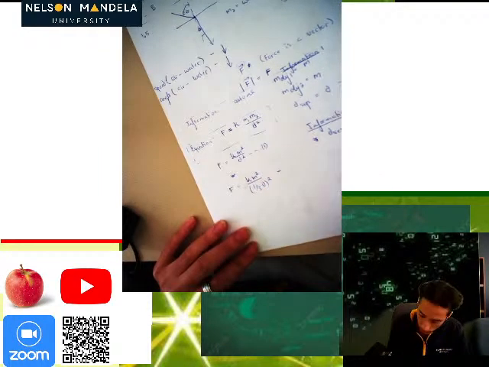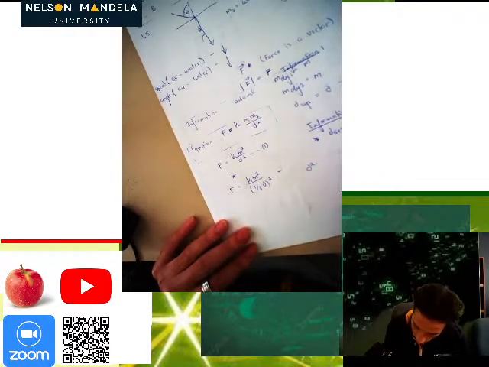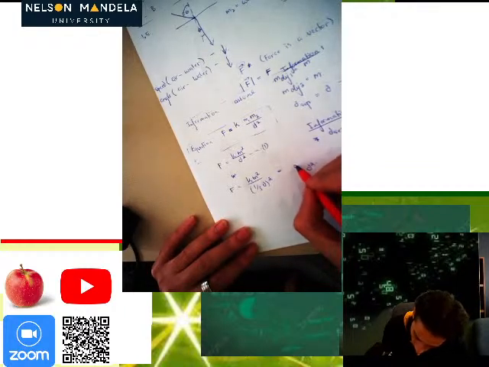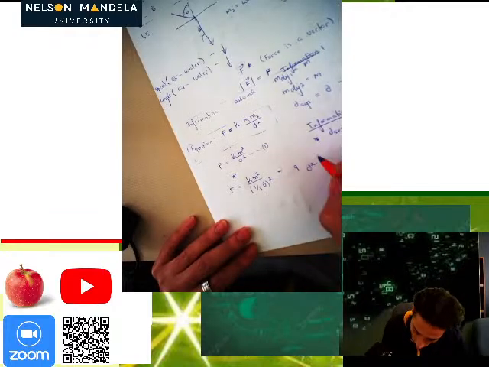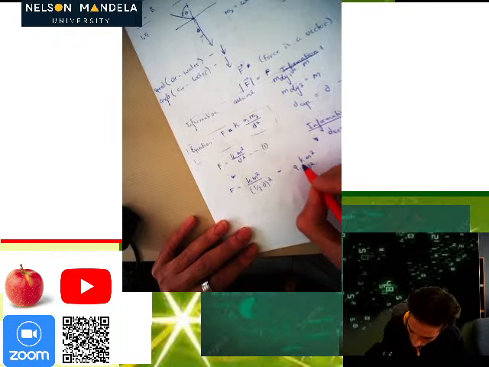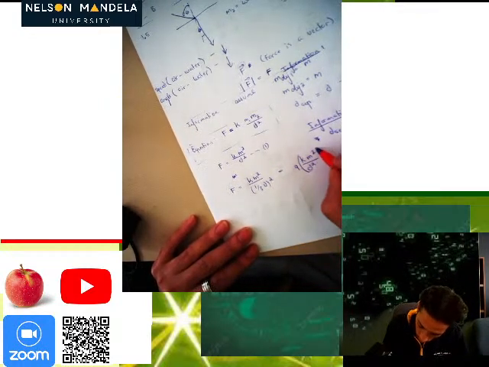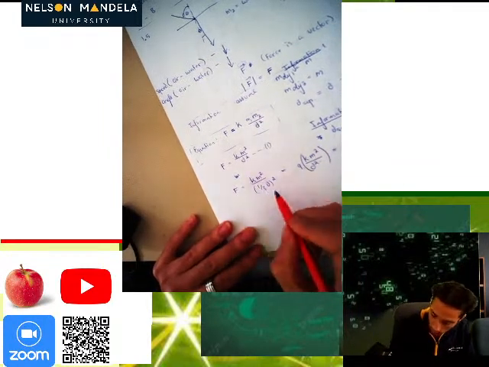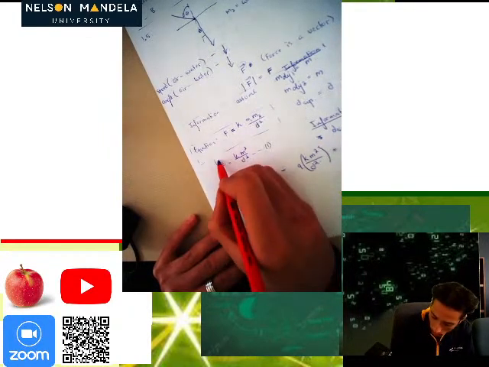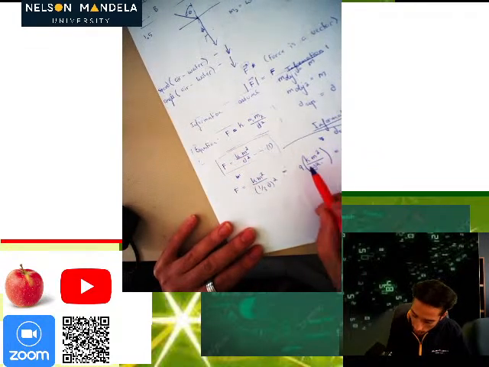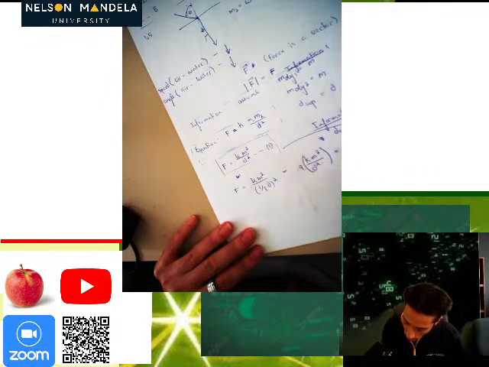Simplifying, this becomes 9 k m squared over d squared, which means it's 9 times the original force, because we know from equation 1 that the force is represented as k m squared divided by d squared.